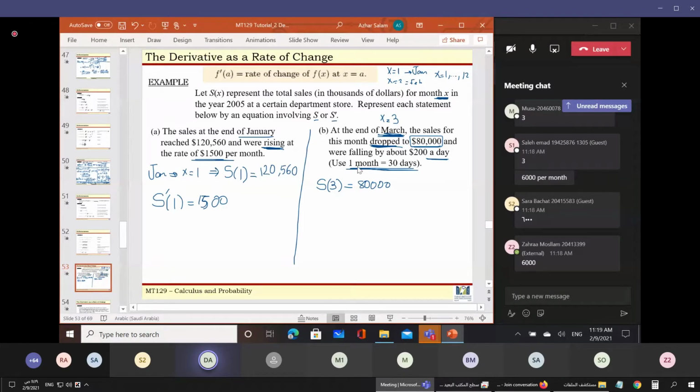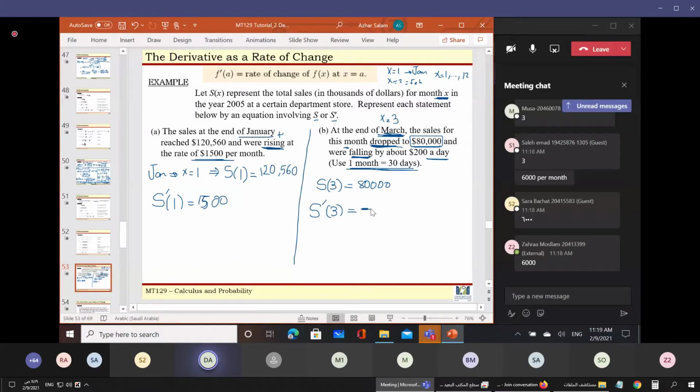And now the rate of change, which is S dash on the month March, is, notice here that it's falling, so the rate of change here is with minus. Here it's rising, so it's positive, but here is falling, so it's negative. So I multiply by a negative sign.